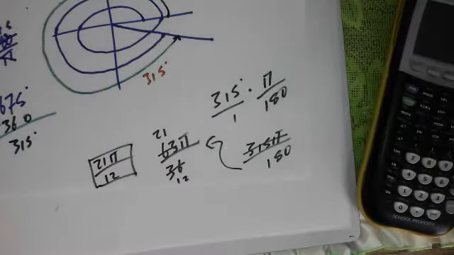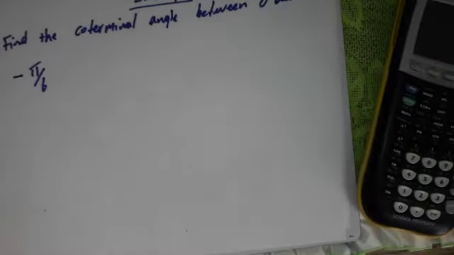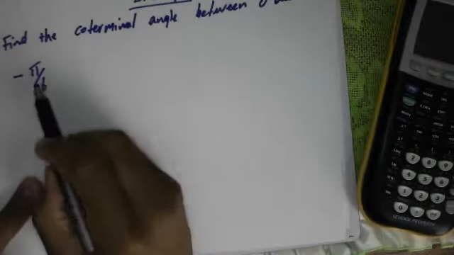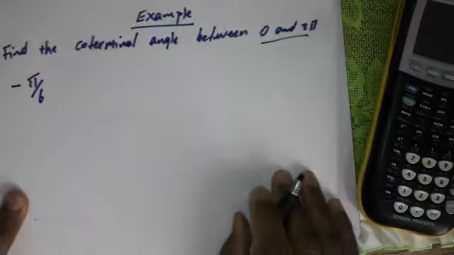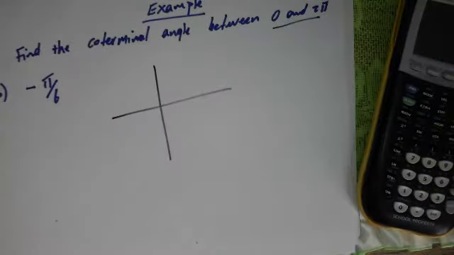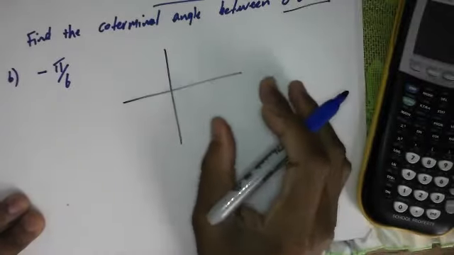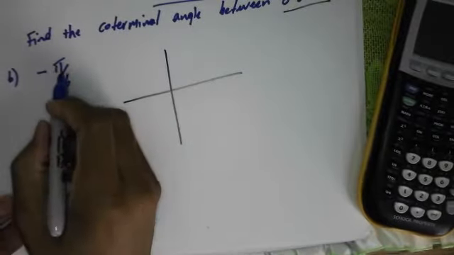Alright, let's look at the final question here. We want the coterminal angle for this, but it still must be within this domain here, okay? So our diagram would be, again, let's go the degree route, since most people seem to understand that one more. So we're going to convert this to degrees first, okay?